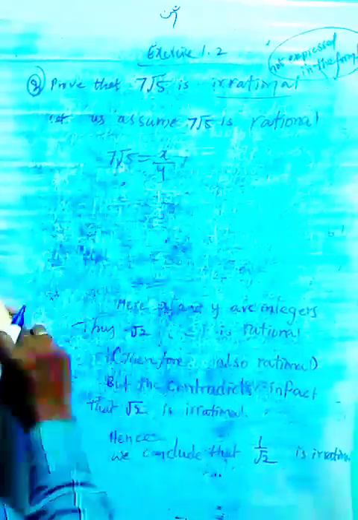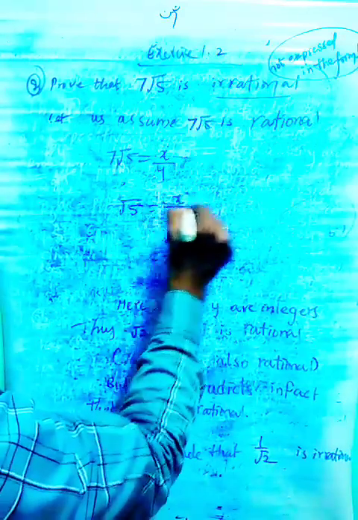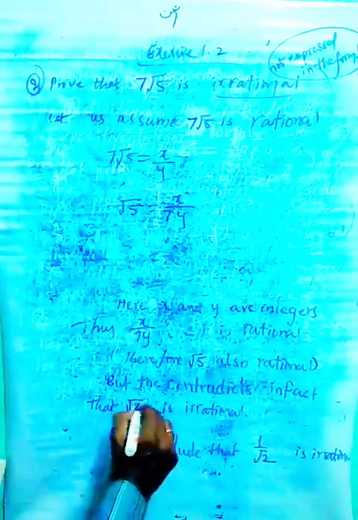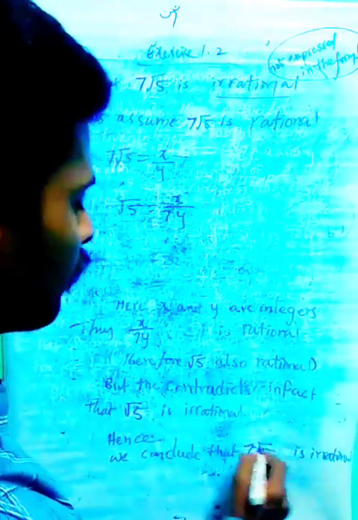Dividing by 7, root 5 is equal to x by 7y. Since x and y are integers, x by 7y is rational, therefore root 5 is also rational, but this contradicts the fact that root 5 is irrational, which we already proved. Hence we conclude that 7 root 5 is irrational.